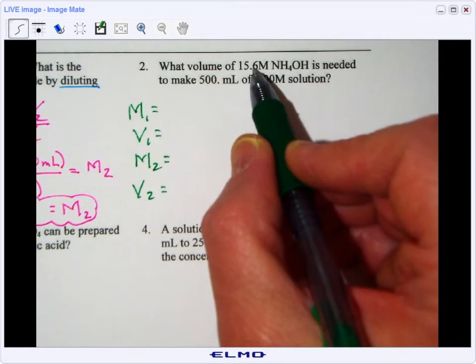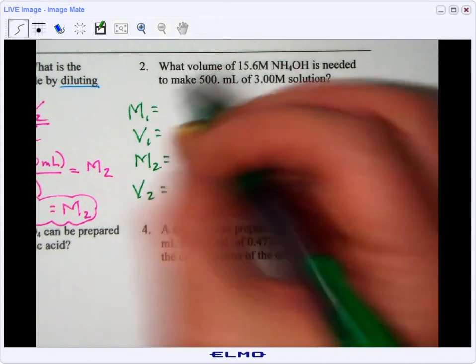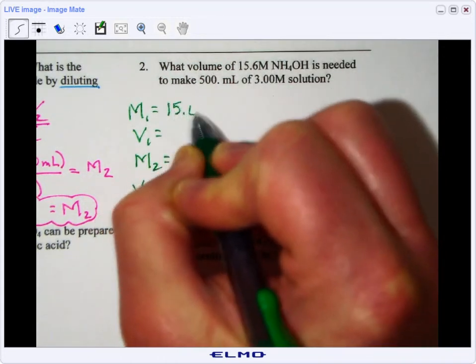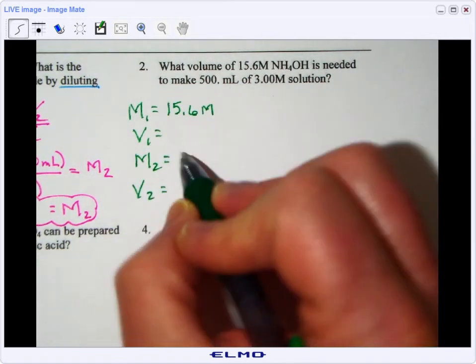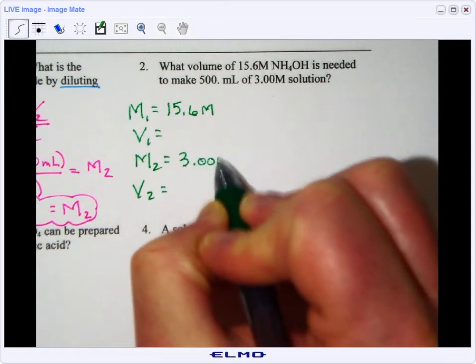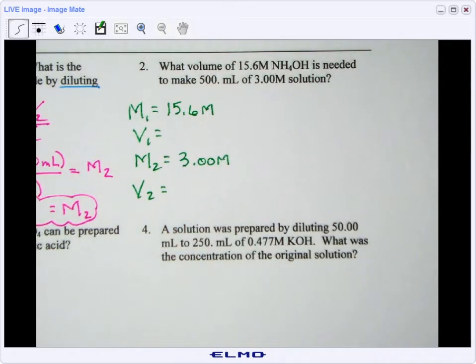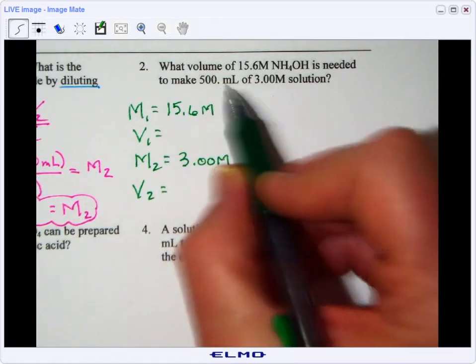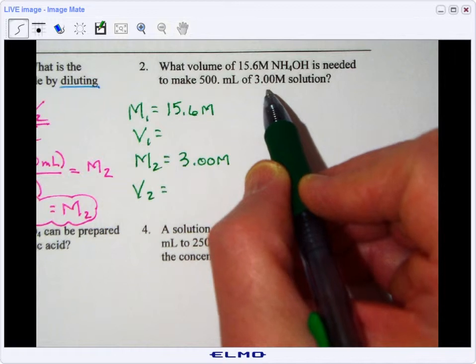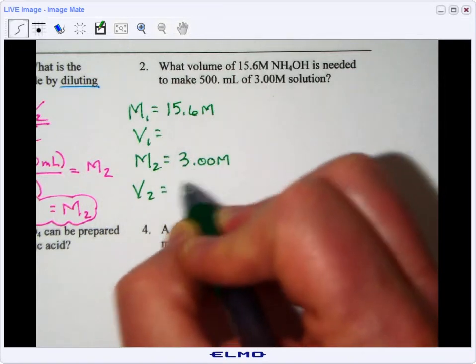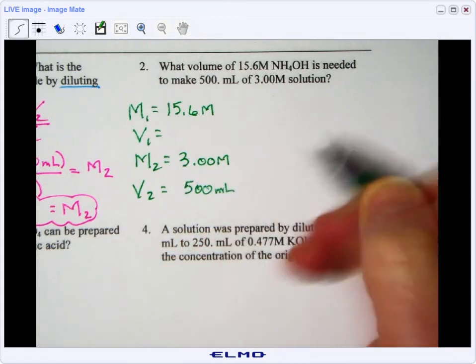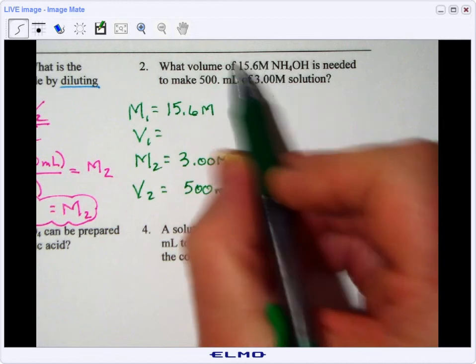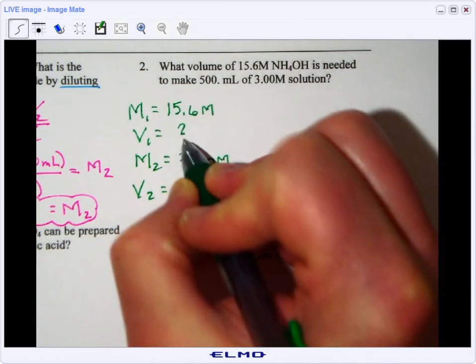Well, the M1 has to be the larger one, the more concentrated one. So that's going to be my 15.6. So my 3 molar has to be the less concentrated one. And it tells me I'm making 500 milliliters of a 3 molar solution. So doesn't my 500 milliliters have to go with my 3? And it wants to know what volume of this one am I supposed to use.